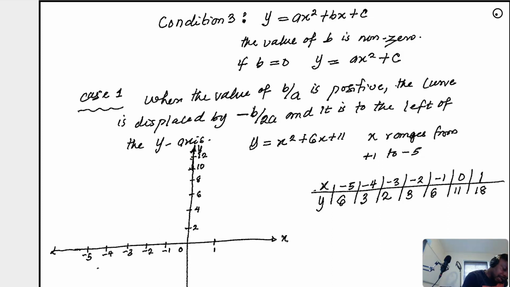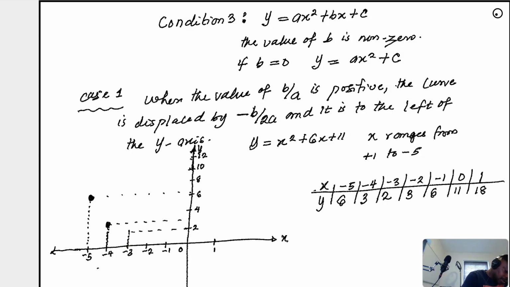So let's plot this. When x is minus 5, y is 6. So we have a dot here. When x is minus 4, y is 3, so we have a dot here. When x is minus 3, y is 2.